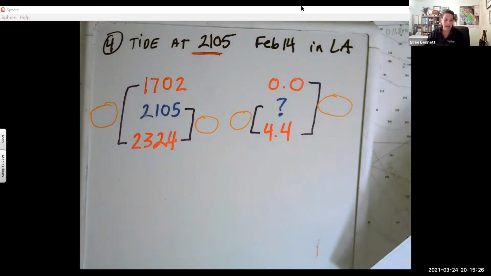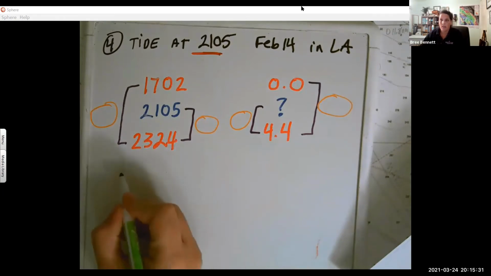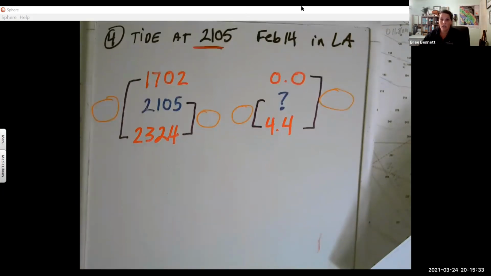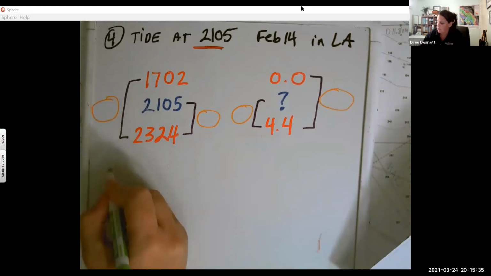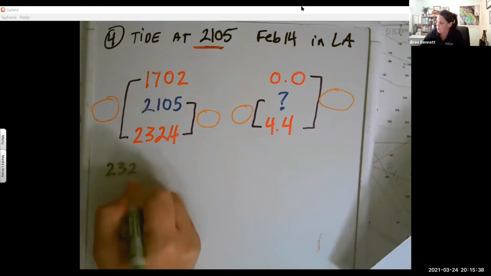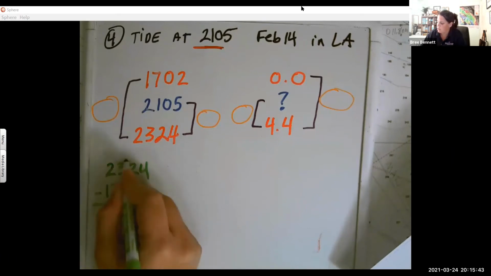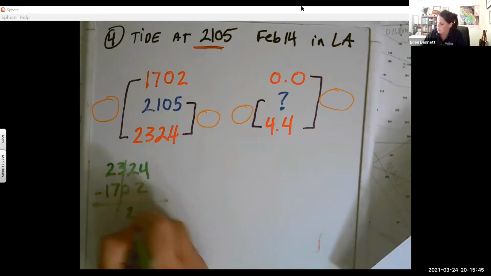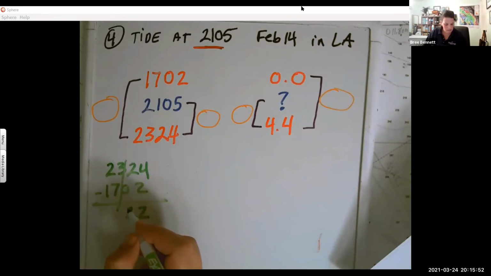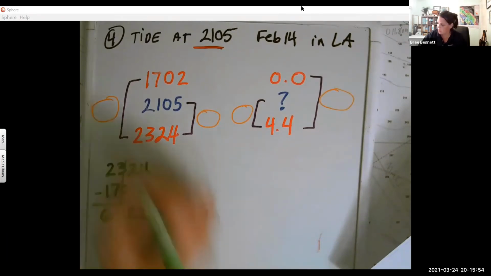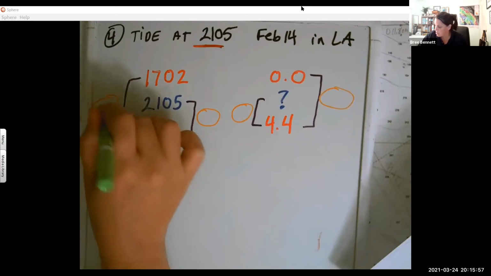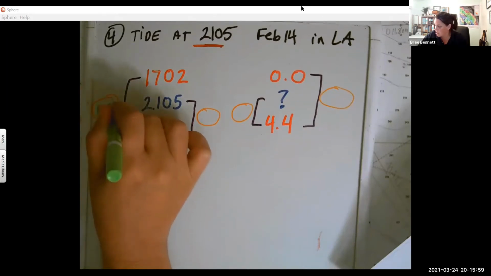So we're going to have to do a little math. I'm going to start with the duration. That's going to be 23:24 minus 17:02. What does this give me? 6:22.